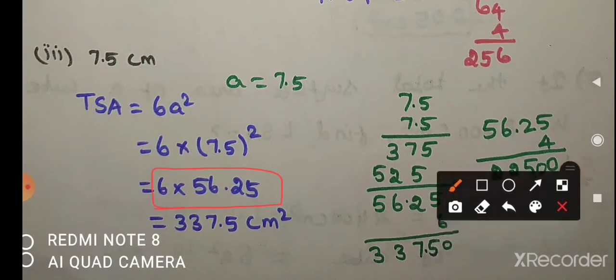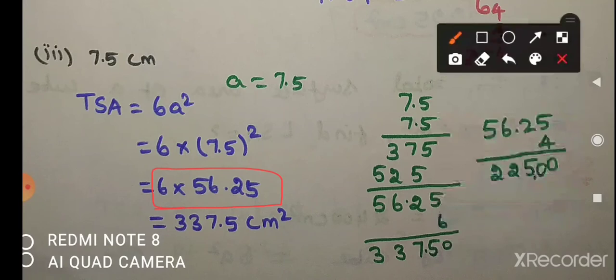Then we are multiplying 6 into 56.25. 6 into 5 is 30, here 0, balance is 3. 2 into 6 is 12 plus 3 is 15. Then 5 here, balance 1. 6 into 6 is 36 plus 1 is 37.